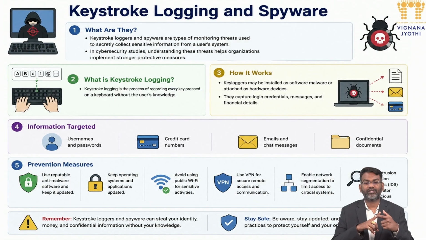And next, as the previous lecture also said, always try to avoid using public Wi-Fi. We may think that, okay, Jio or other public Wi-Fi will be there in our college.